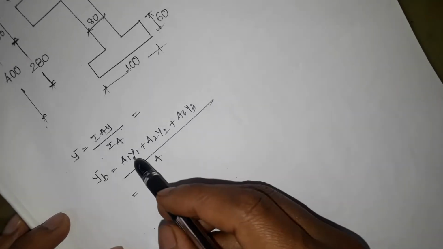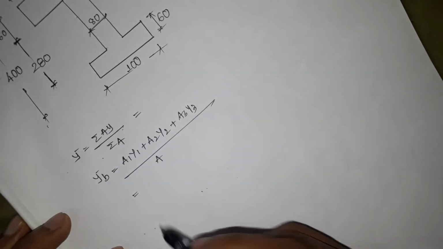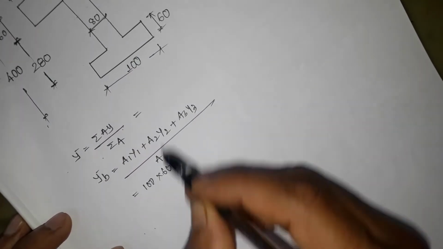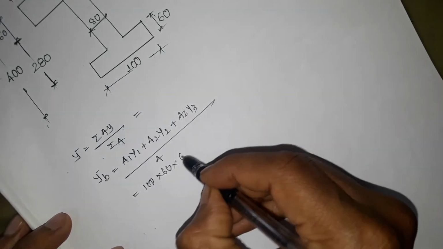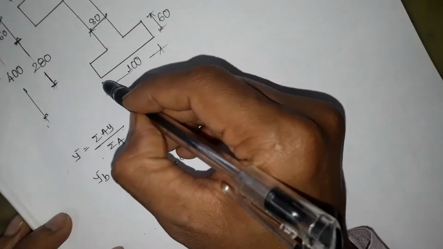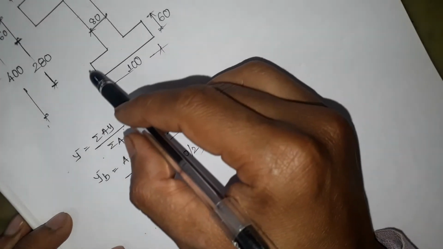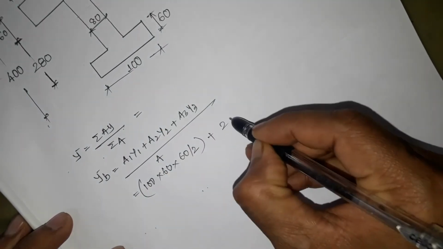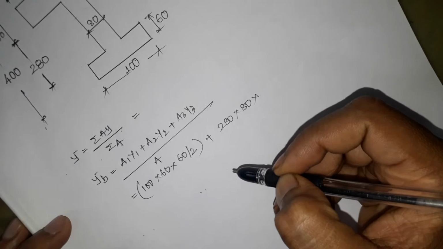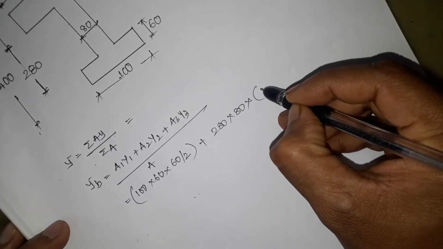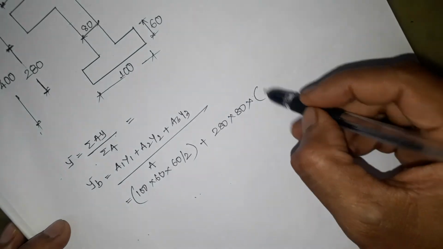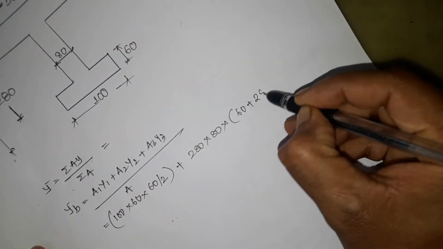Okay, so I'll show here. We will consider the bottom as A1, that is 100 into 60, with y1 as 60 by 2 from the bottom fiber, the centroid of the bottom flange. Plus the web, 280 into 80, with the distance for the web being 60 plus 280 by 2.